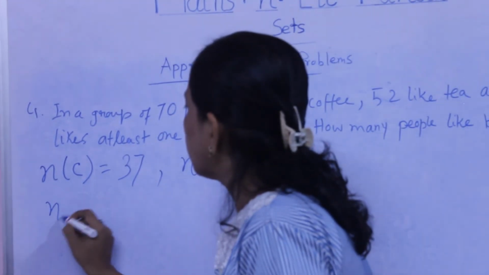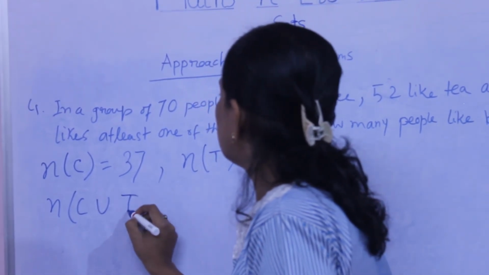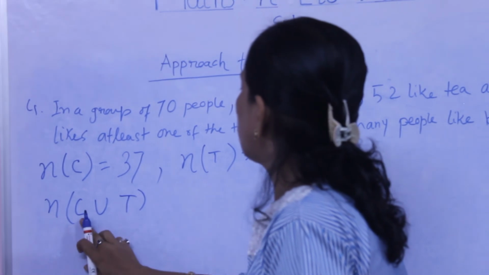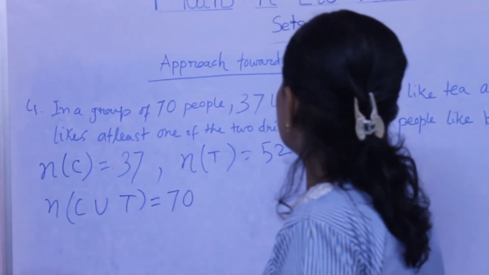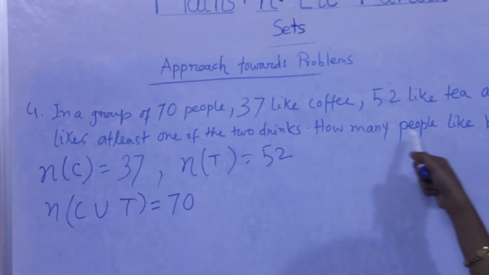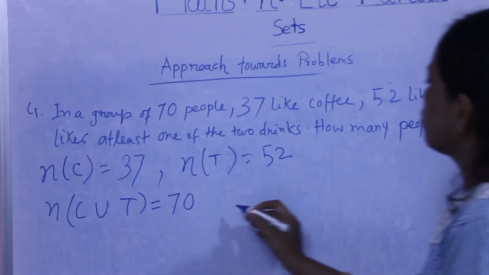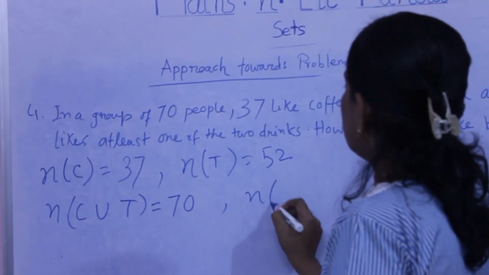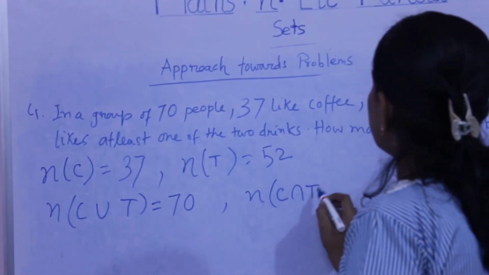So n(C union T), that is coffee union tea, is 70, and we have to find how many people like both coffee and tea. So we have to find the intersection part.